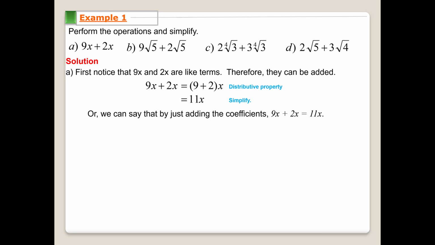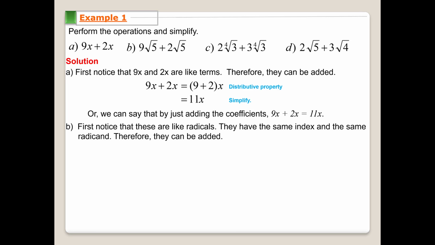Or we can just add the coefficients, because we know the x's can be added like that. So you take the 9 plus 2, which simply gives 11x. Alright, so first notice that these are like radicals. They have the same index and the same radicand. Therefore, they can be added.